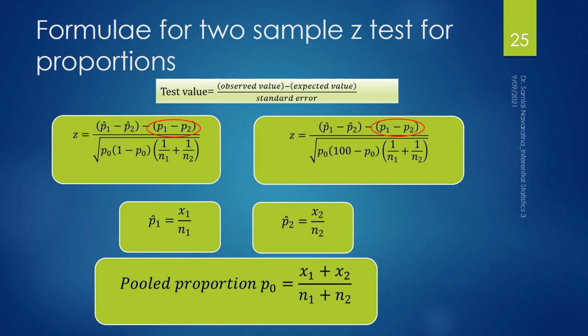So this part of the equation becomes 0. So we are left with P hat 1 minus P hat 2 for the numerator, and the standard error for the denominator.